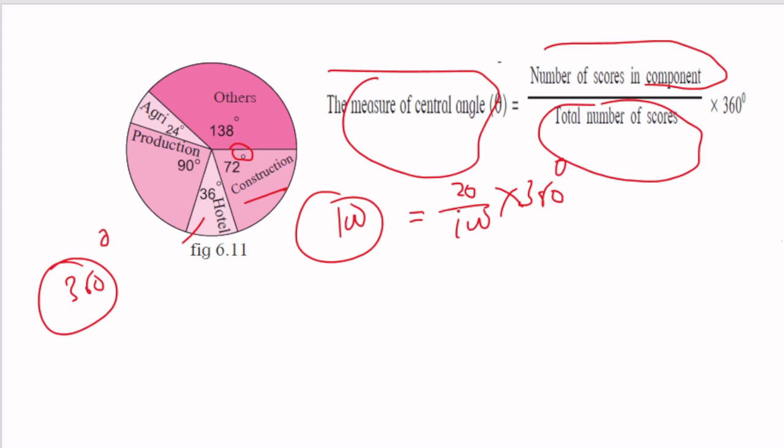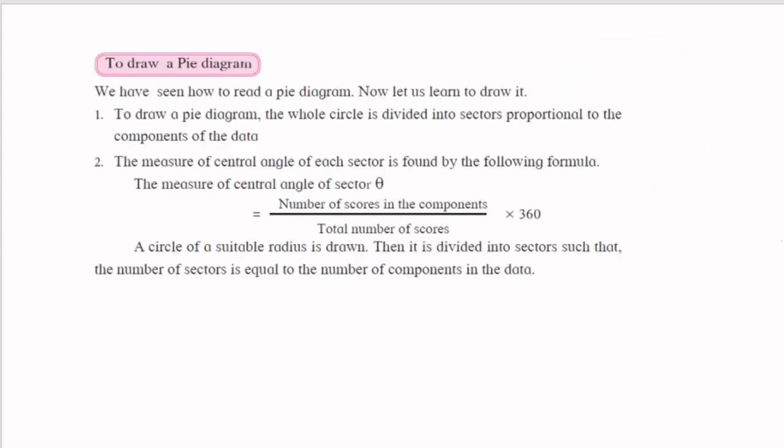So this way you can calculate the angle of this particular sector, and then you can draw using proper tools. Okay, you just have to remember this particular formula. That's not even a formula, it's a logical concept. Okay, the moment we move forward, you'll understand the process of how you can draw this pie diagram.